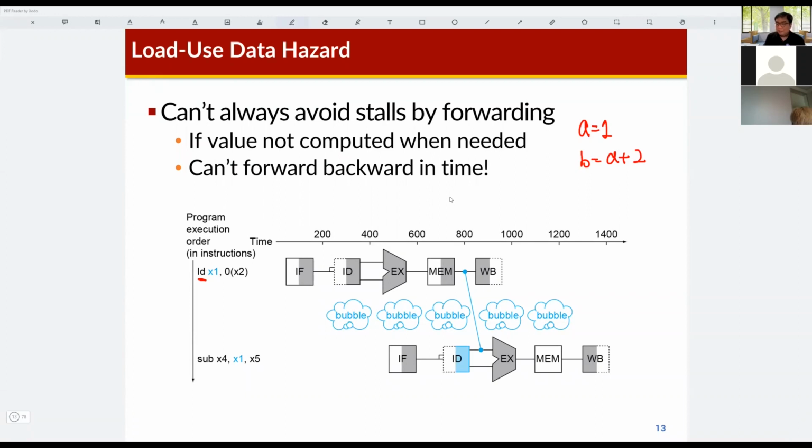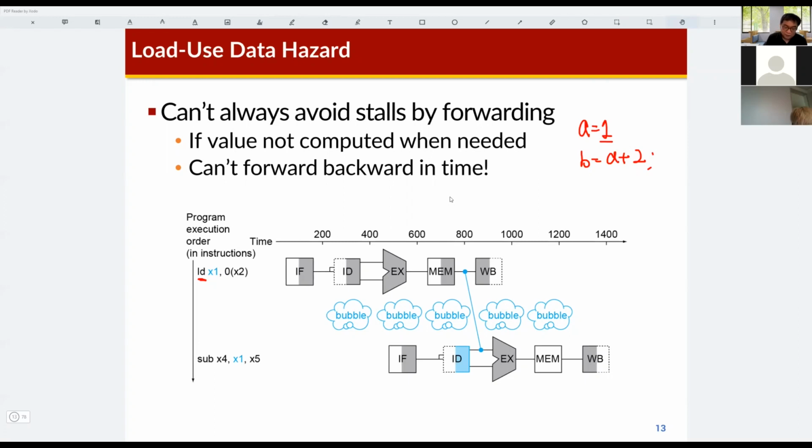How about this statement? For this statement, we just load, because the data is loaded to the variable. And then in the next instruction, this data is used for the add operation, right? We frequently use this type of statement, right? How about the load instruction?